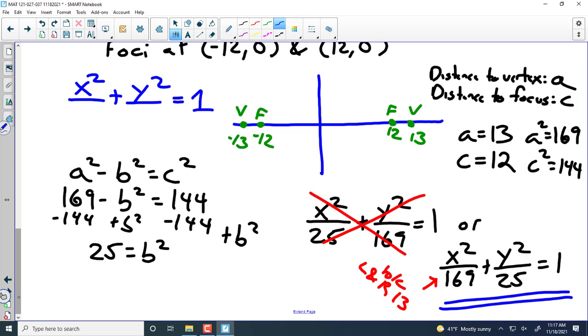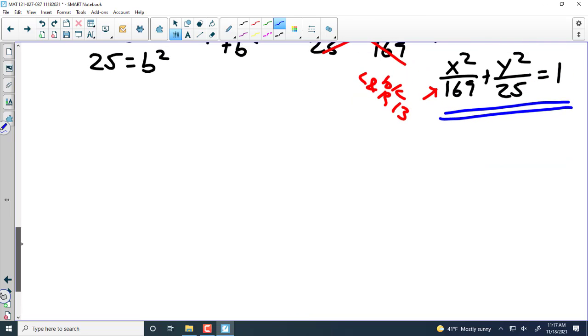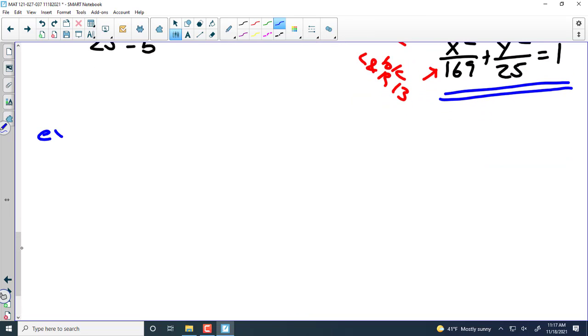All right. Let's have you try one. You want to try one of these? All right. The minor axis is 6 units long.